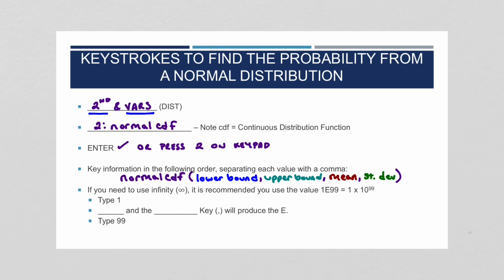So if you need to use infinity, so maybe your upper bound is infinity or your lower bound is negative infinity, it's recommended that you use a value such as 1E99, which stands for the scientific notation of 1 times 10 raised to the 99th power.